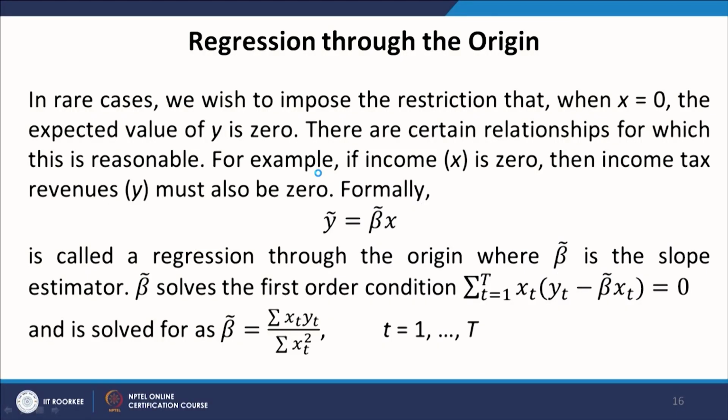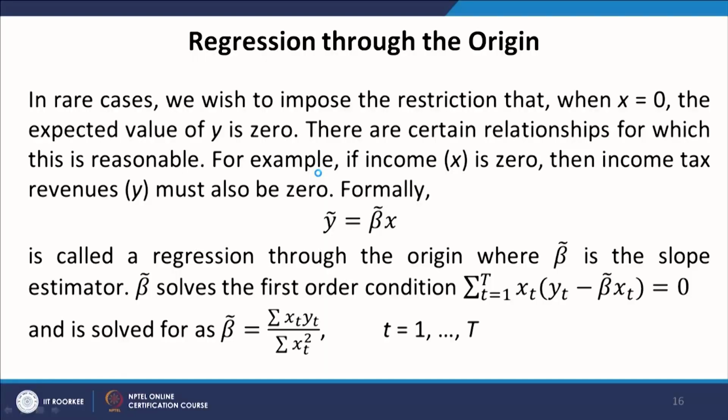In rare cases, we wish to impose the restriction that when x is equal to 0, the expected value of y is 0. So now we are talking about a special case where the regression is through the origin. In this module, we are discussing certain characteristics of simple regression.